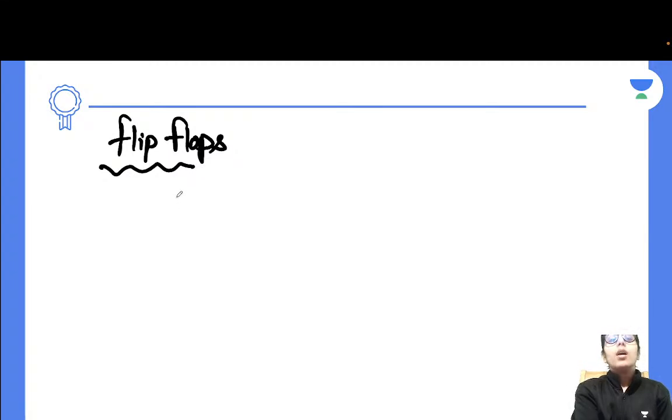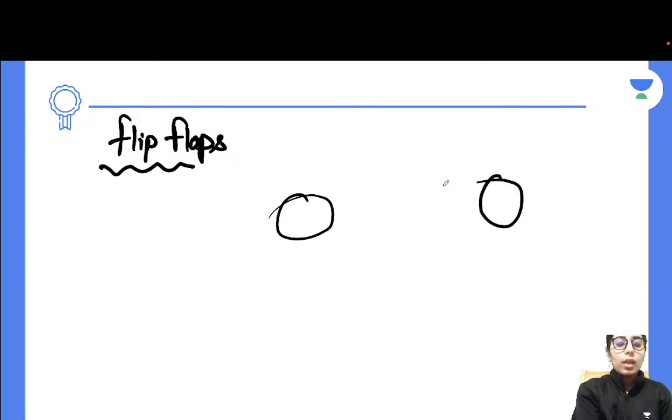Then there are the state transition diagrams, along with the characteristic equation, which gives you the output expression. Everything is going to be quite important, right? When you consider this section, it will help you work on any flip-flop based question. One more thing: how to make the different types of flip-flop.